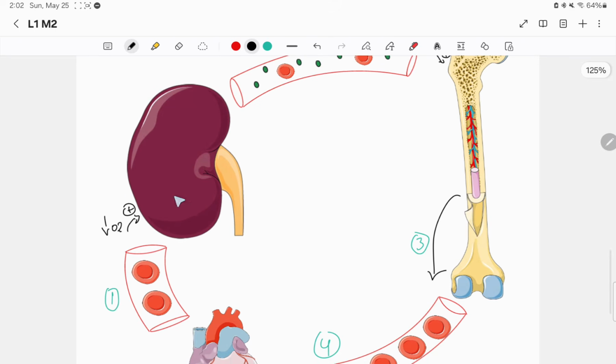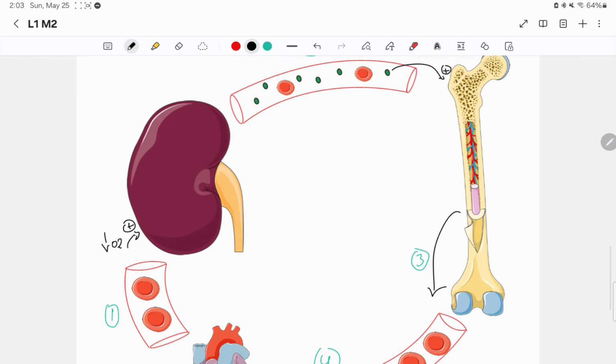Now, there are special cells inside of this actual kidney, they're called renal interstitial fibroblasts. You don't have to know that, okay? Just know that there are specialized cells in the kidney that can sense whenever there's a low concentration of oxygen being carried in the bloodstream.